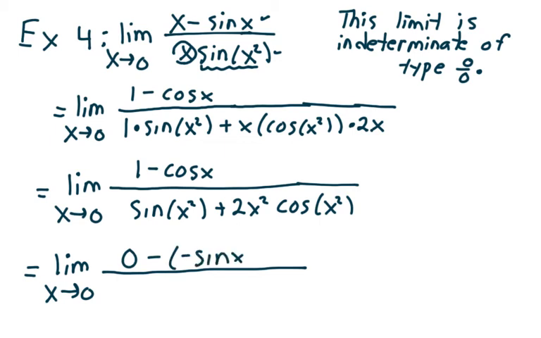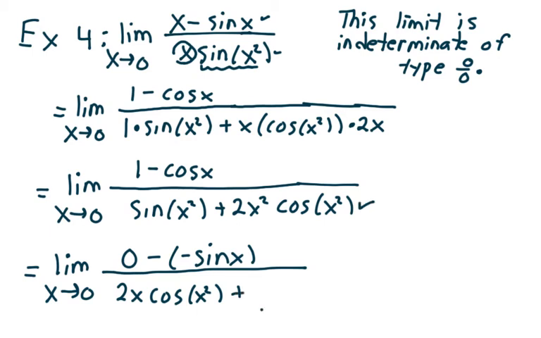So I took the derivative of the top, by the way, right? If I take the derivative of the bottom, I'm going to apply the chain rule on the first term, and I'm going to get 2x cosine of x squared. And then I'm going to apply product rule on the second term.